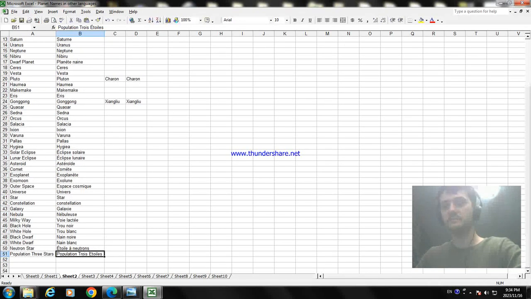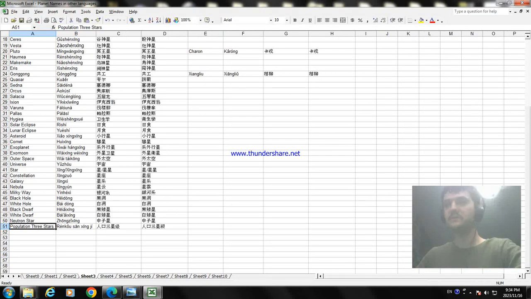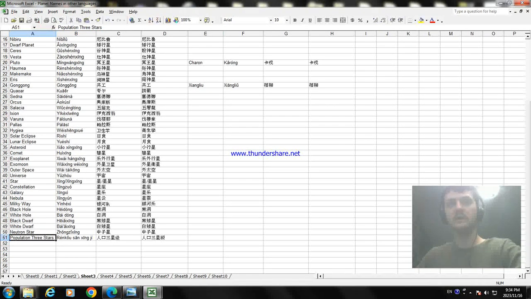And here's French: Population 3 étoiles. And now in Mandarin: 人口3颗星.